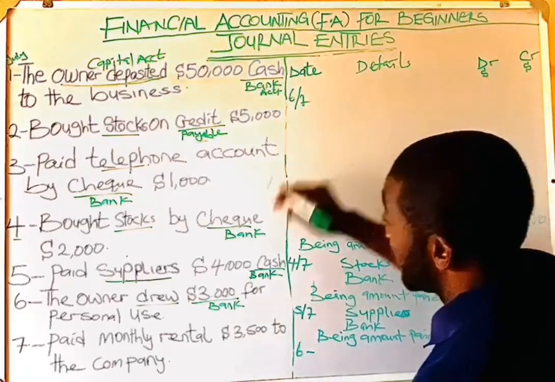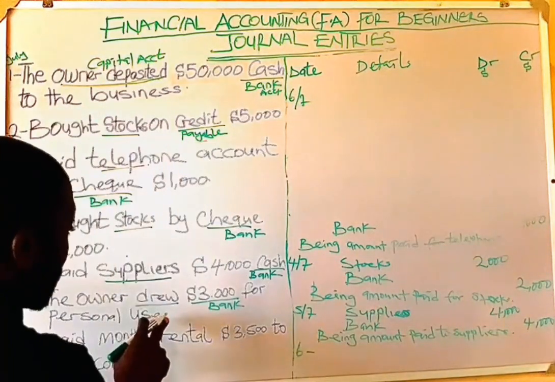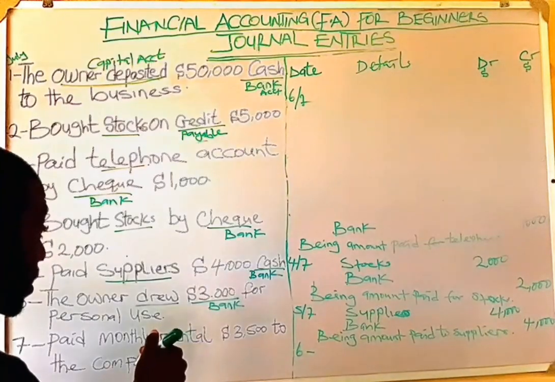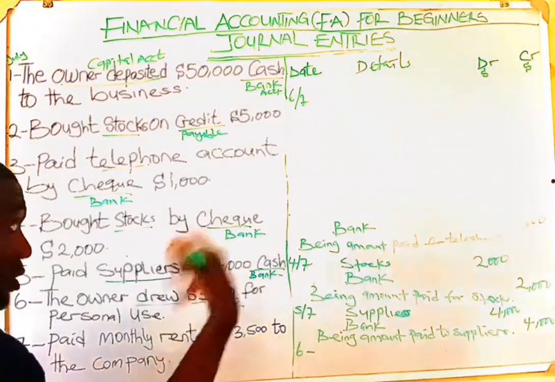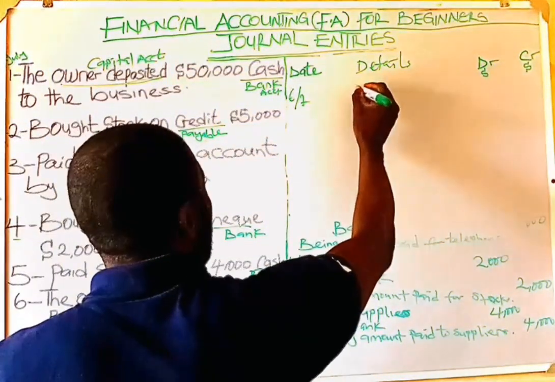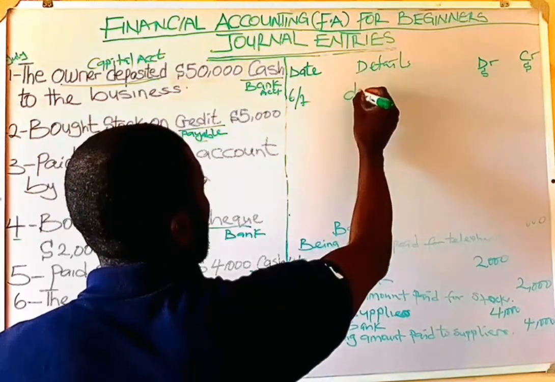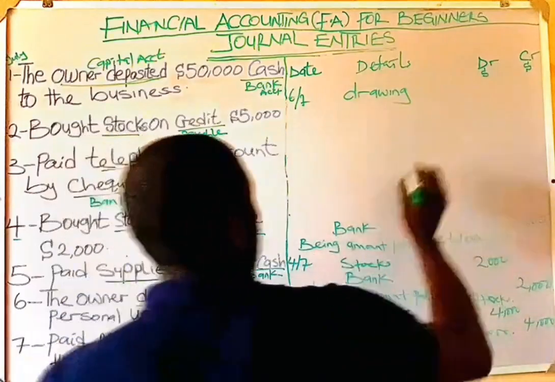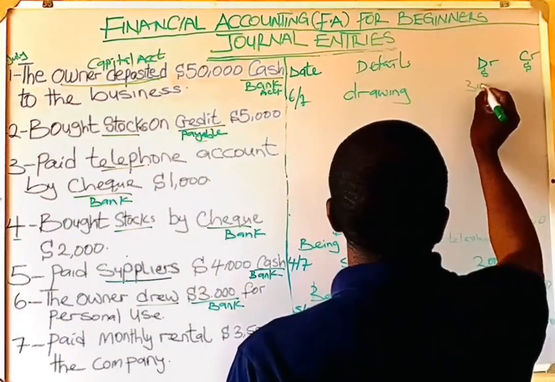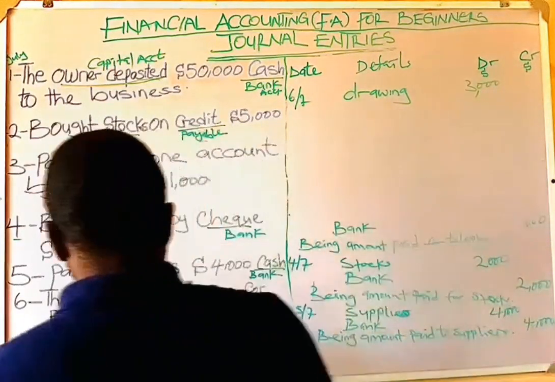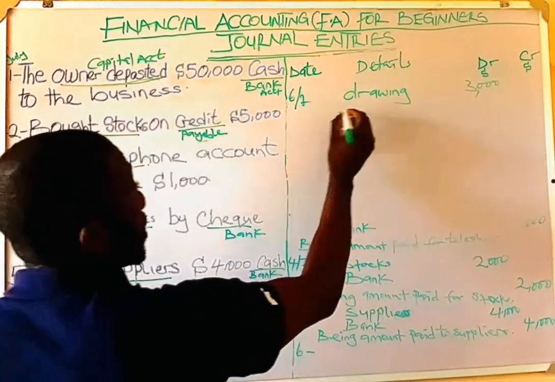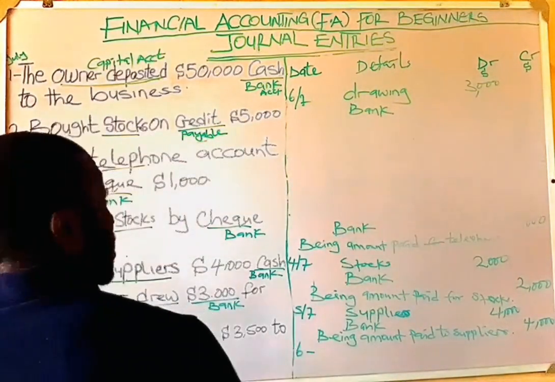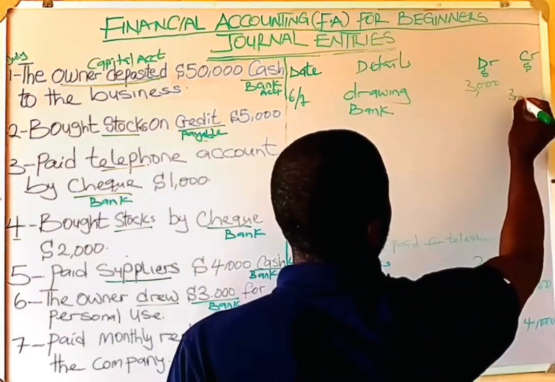Now, don't forget that drawing is debit, it is receiving, and the cash is going. So you say drawing, $3,000, and bank at the credit side, $3,000.